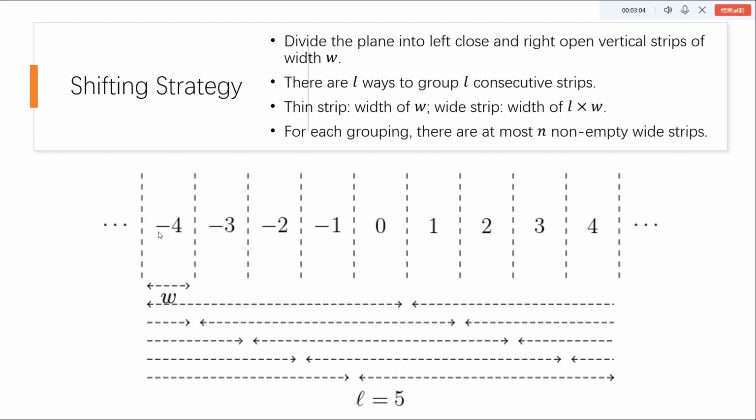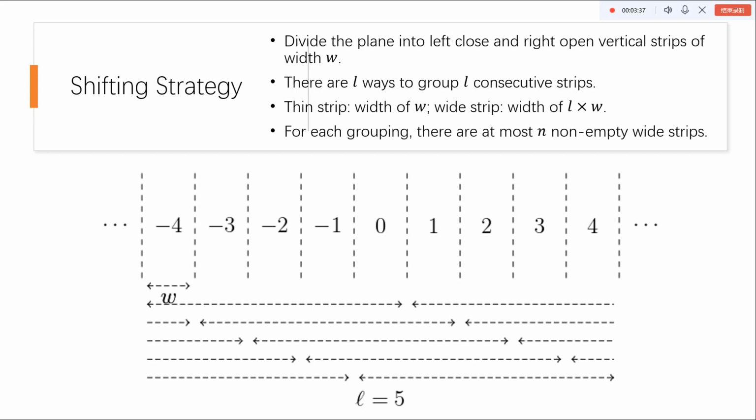We can group -4 to 0 together into a wide strip, and 1 to 5 together. Or we can group -3 to 1, and 2 to 6, the next one. In general, there are L ways to group L consecutive strips, whose width is L times W.